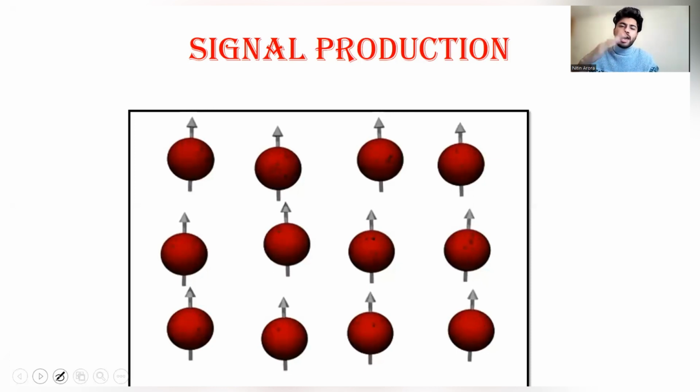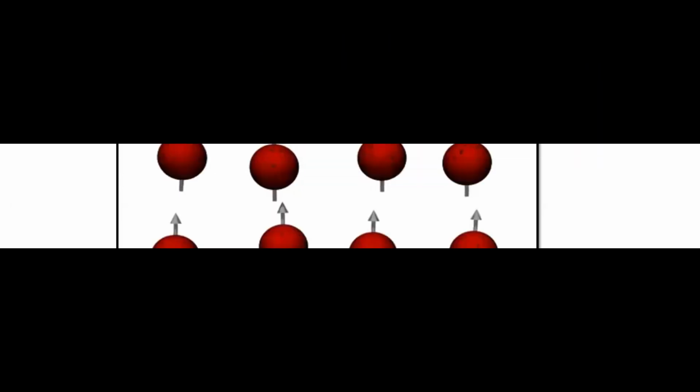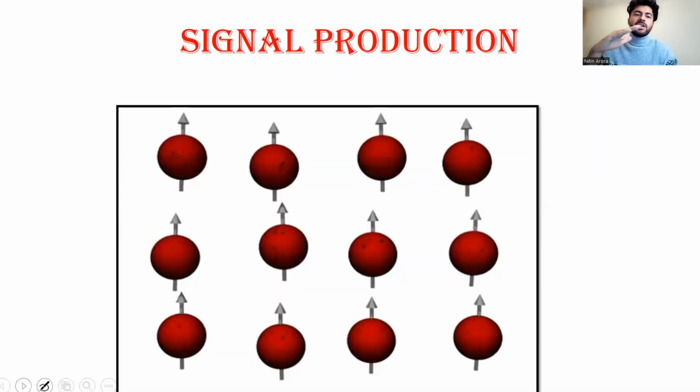This change in direction is what we call realignment of protons, and the change in rotation speed is what we call the dephasing of protons. So the protons realign and the protons dephase. This dephasing and realignment is the main concept that you need to remember while looking at any MRI, because that is how you interpret MRIs.